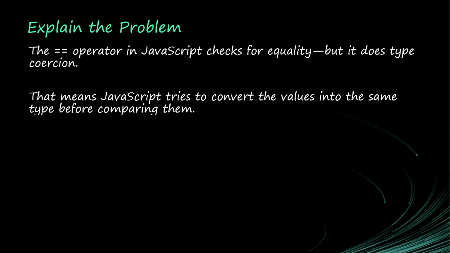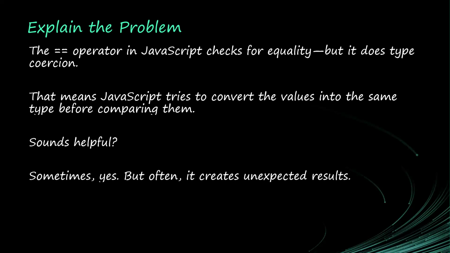The first step is converting them to the same data type, and the second step is checking if the values are equal. That sounds helpful, right? But that's not true. Sometimes this can be very, very devastating. It creates unexpected results. I'm going to show you examples, just stick to the end.